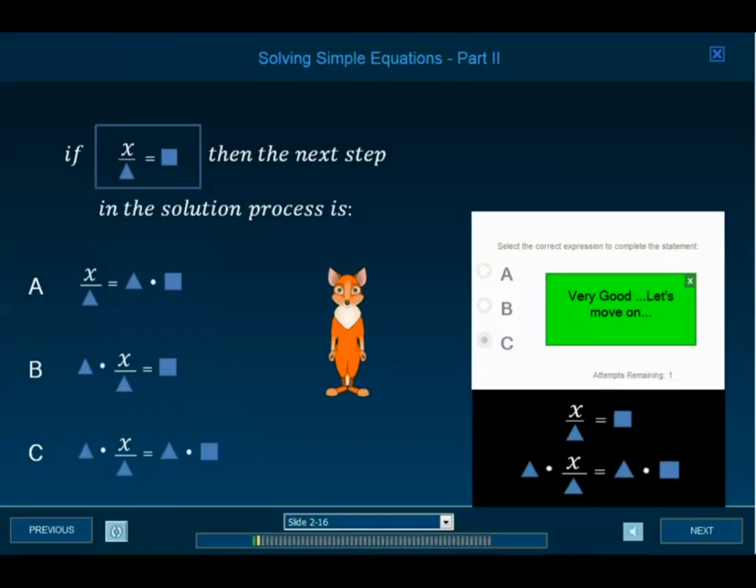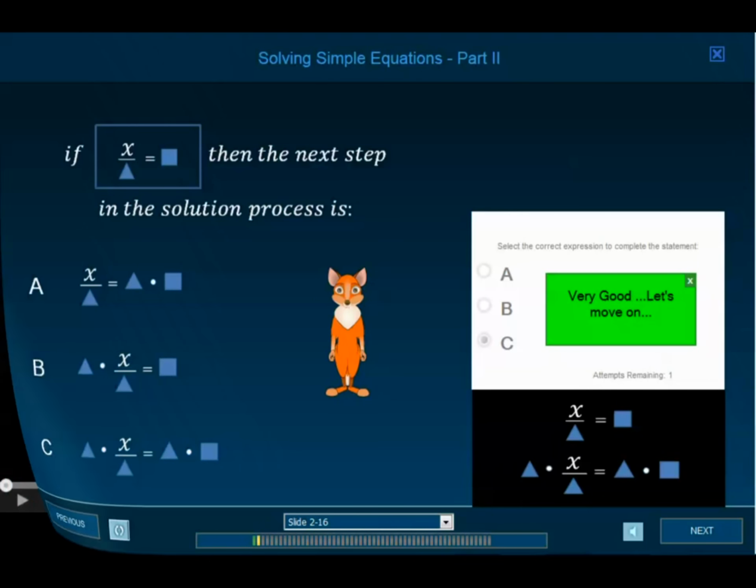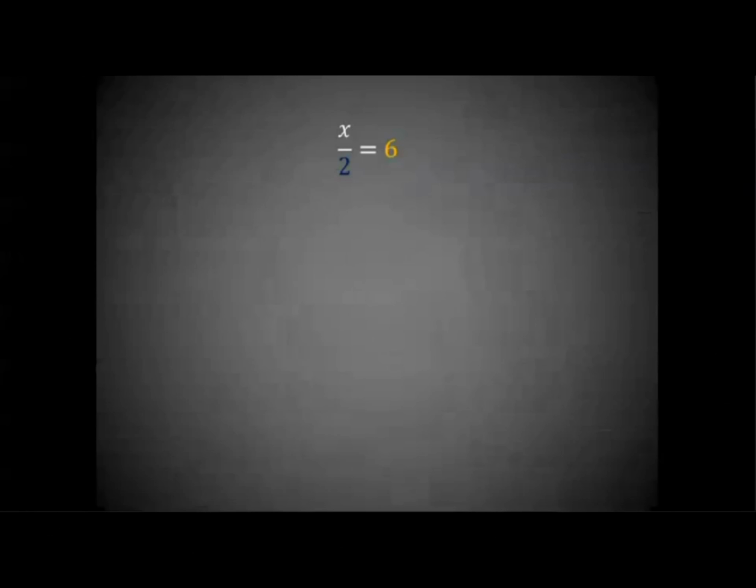Very good. If we are at this step in the solution process, let's look at an example. We have x over 2 equal to 6. It makes sense if we have x being divided by 2 that if we want to make this talk about x all alone, we should multiply by 2.